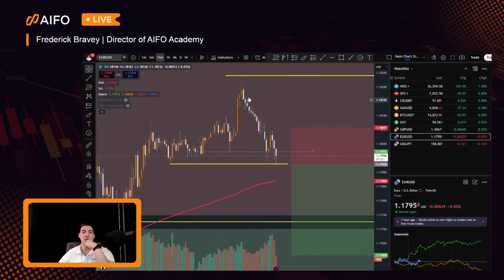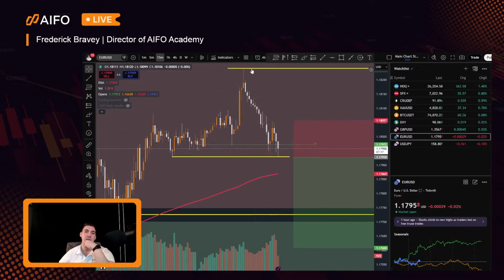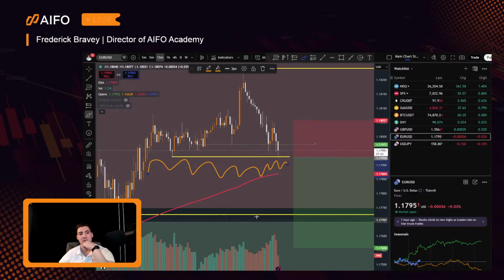This is a really nice fake reversal into the downside just to grab anything that is resting below here. This is such a predictable area to have your stop loss, guys. Very predictable area, you know.